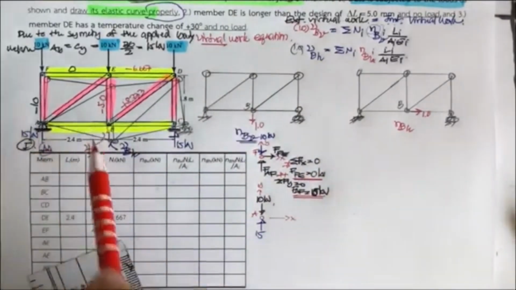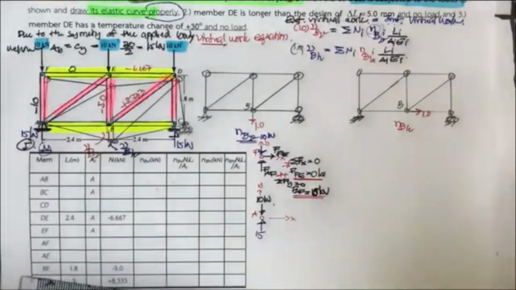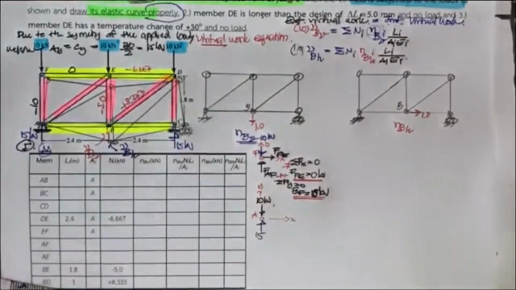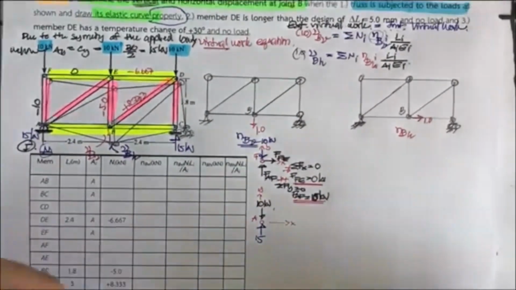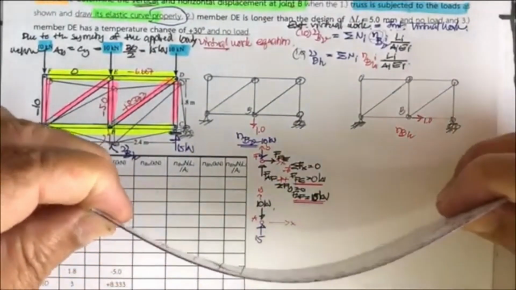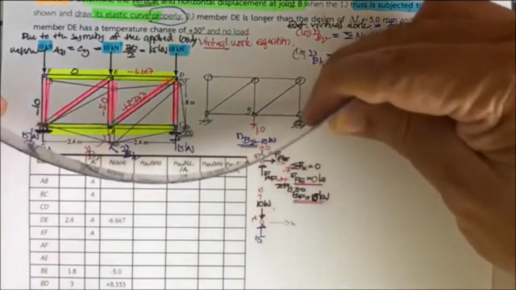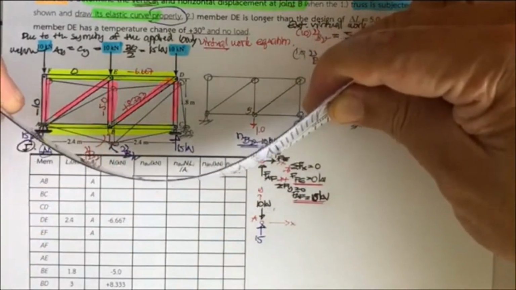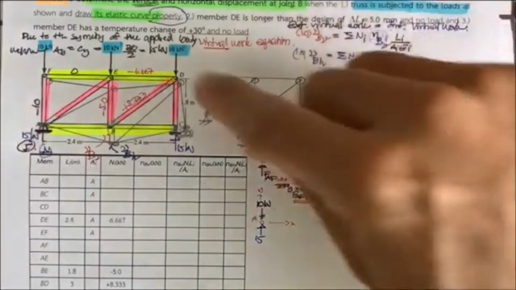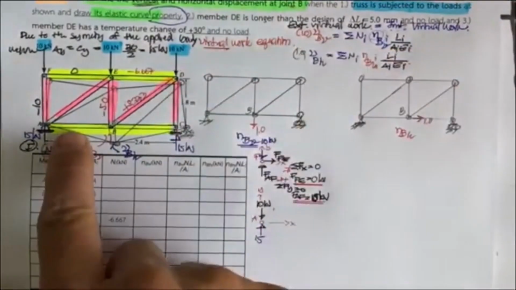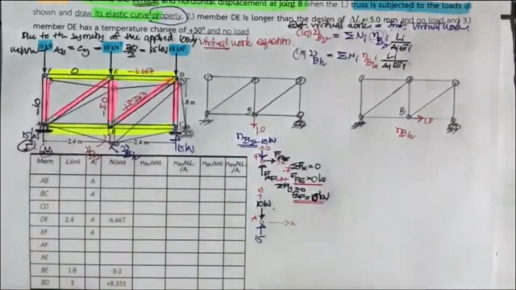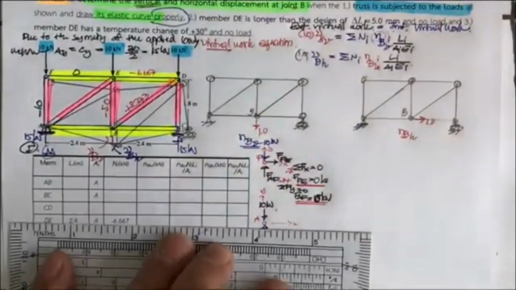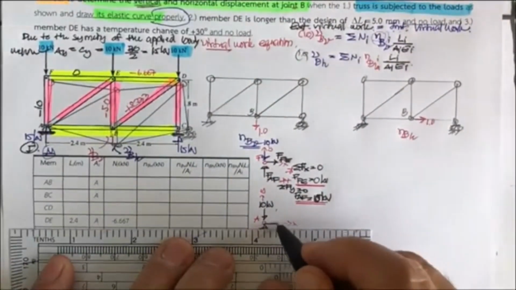And you have the member AB, right? When you have the member subjected to a force like this, it's going to bend like this. When it's bent like this, the bottom is going to be in tension and the top in compression. So this one is in compression, and I believe this one is going to be in tension.